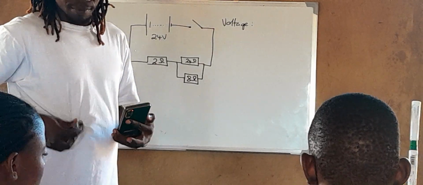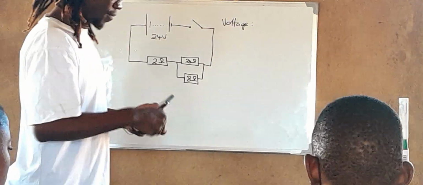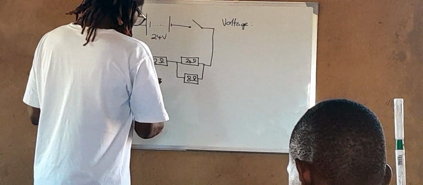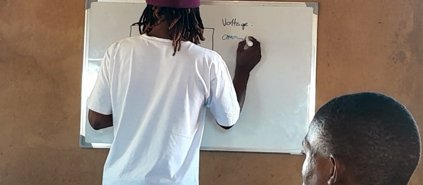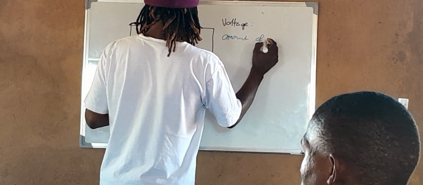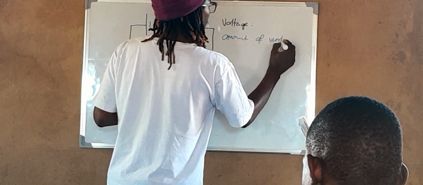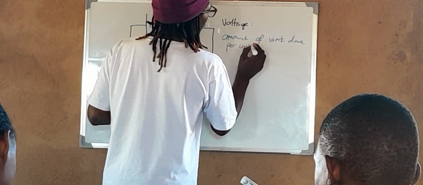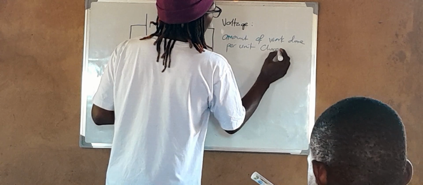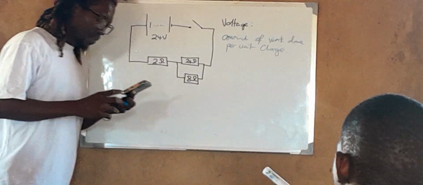It's the rate at which charges are produced. So voltage is the amount of work done per unit charge. That is voltage, right?